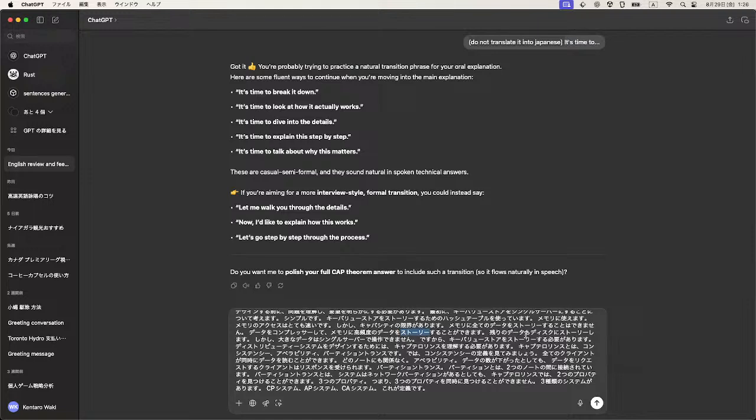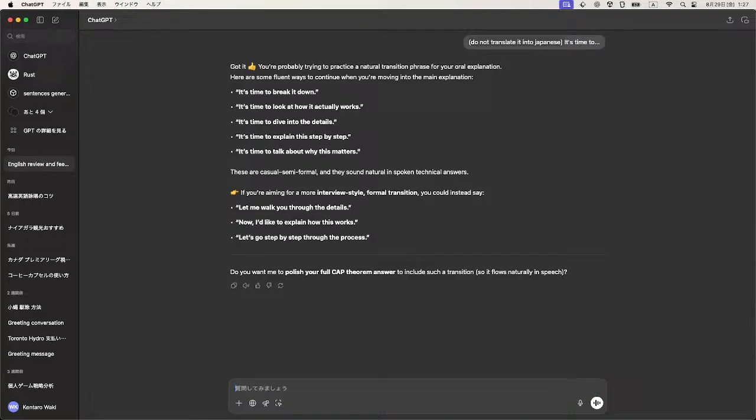Store. CAP theorem. Okay, continue to next.